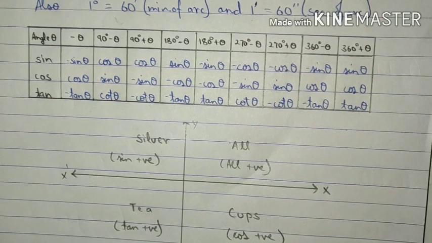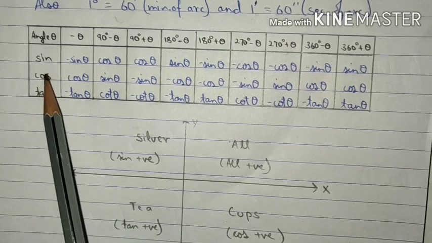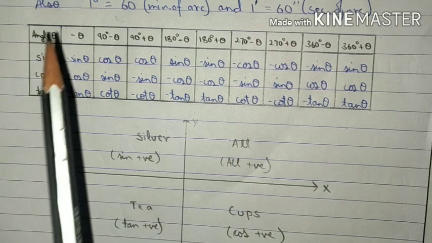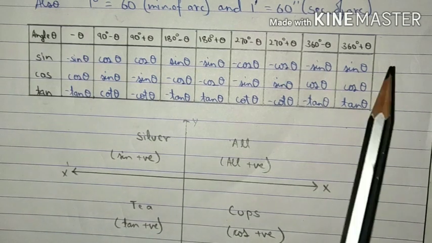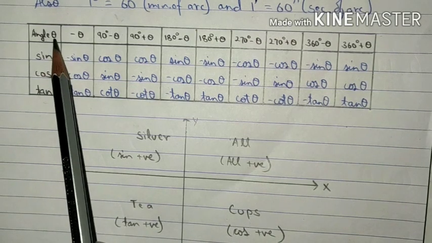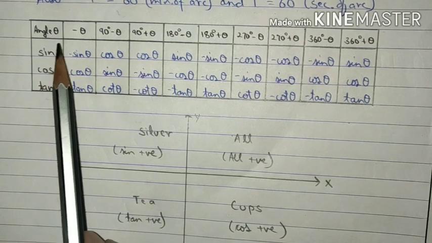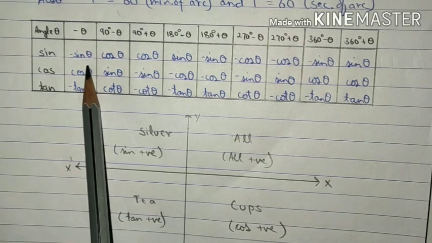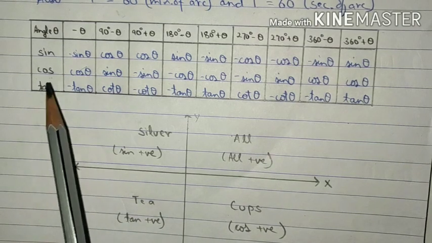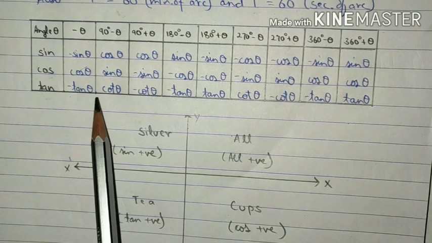Let's have a look at the next table, that is the value of sine, cos and tan theta for the different values of theta. Pay attention over here. When the value of theta is minus theta, the value of sine of minus theta is minus sine theta, cos of minus theta is cos theta itself, and tan of minus theta is minus tan theta.